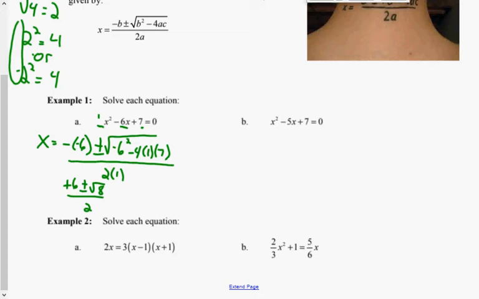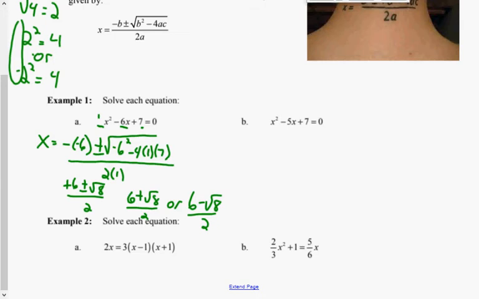Now at this point, we haven't reviewed radicals, so I don't expect you to simplify this just yet. You can leave it as that. So this question is done. Your two answers would be 6 plus root 8 over 2, or 6 minus root 8 over 2. And those are your two x-intercepts. If you notice, you would never be able to factor this, so this one's unfactorable.